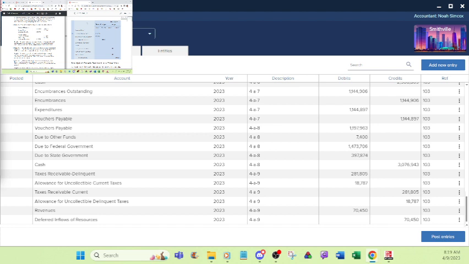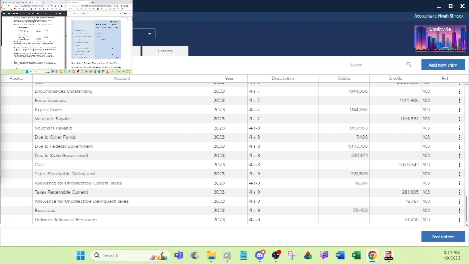Total estimated revenue change is going to be 17,500 minus 22,000. So the revenue will be negative 4,500, and the appropriations will be 8,500 plus 9,000 minus 13,000.